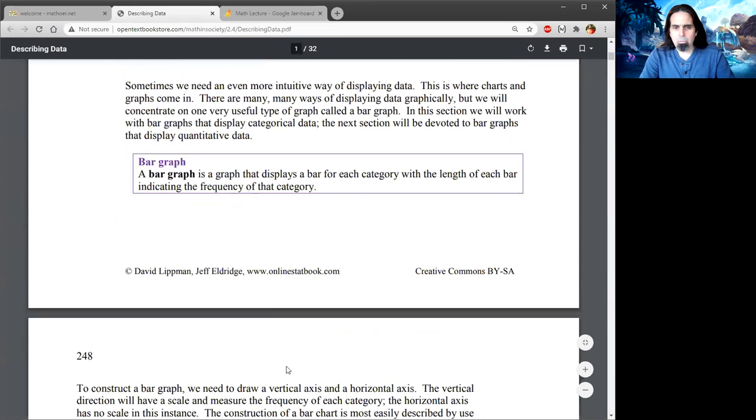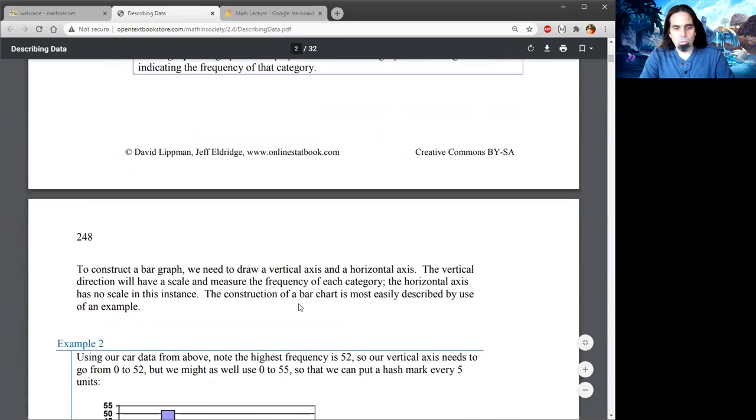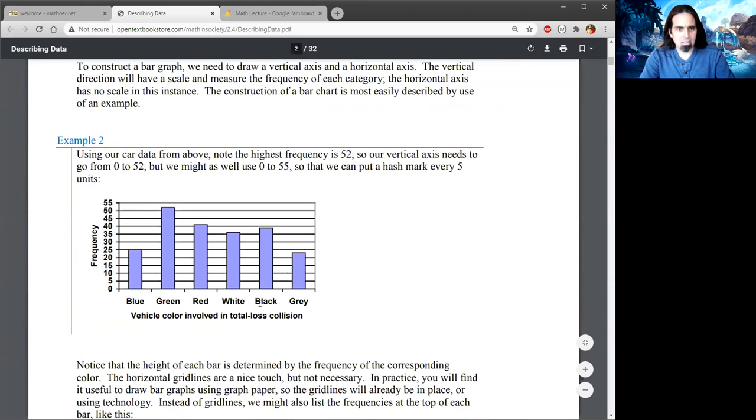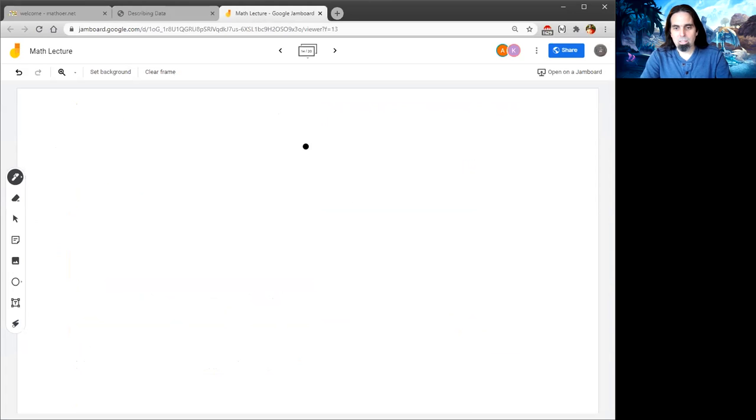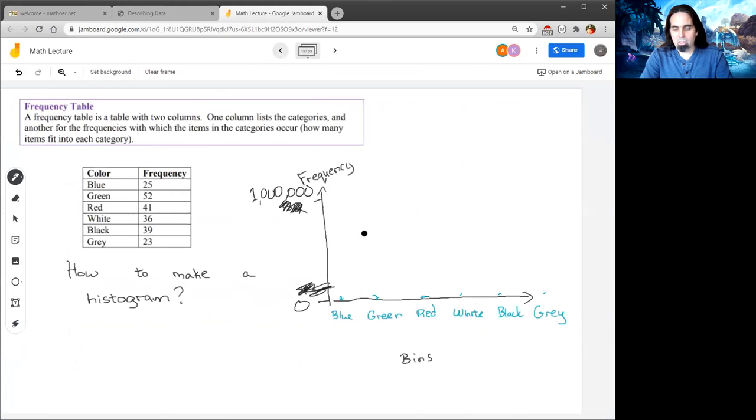So a bar graph has a bar for each category. We just did that already. Theirs, of course, looks nicer than mine. How would I make a nice one like this rather than my ugly handwritten thing?